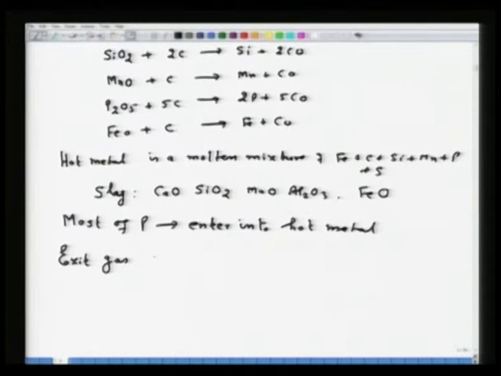The exit gas typically consists of CO, CO2 and nitrogen. So, that is in short the blast furnace iron making: the burden descends downward, it comes in contact with the upward gases or upward mixture of gases.